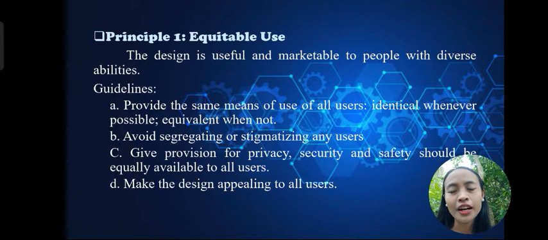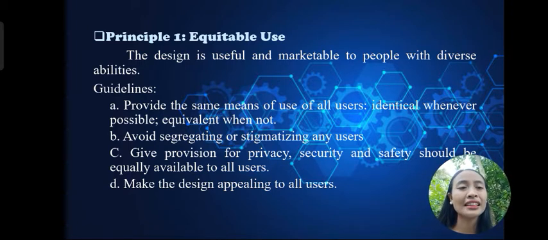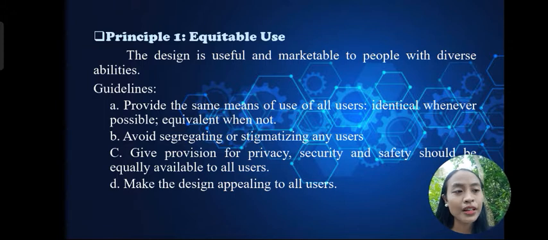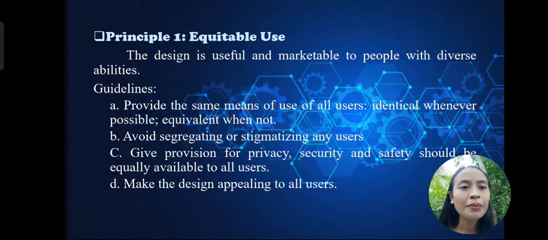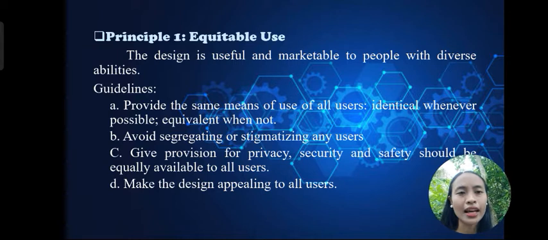Even those who need special care, dapat ma-accommodate din natin sila. Dapat yung design is magagamit din nila in the same way na nagagamit ito ng the rest of the class. Here are the guidelines. A, provide the same means of use for all users, identical whenever possible and equivalent when not.